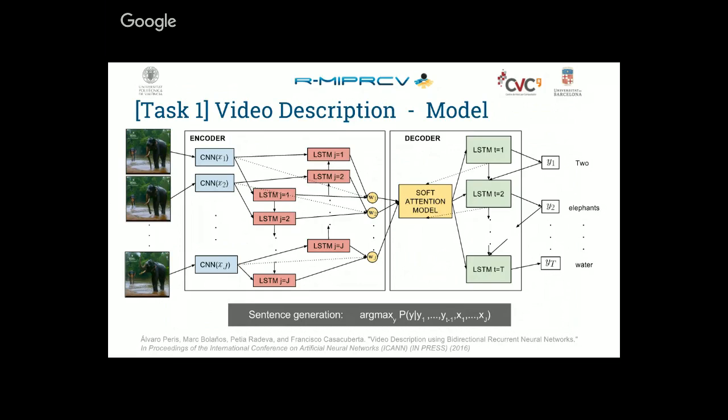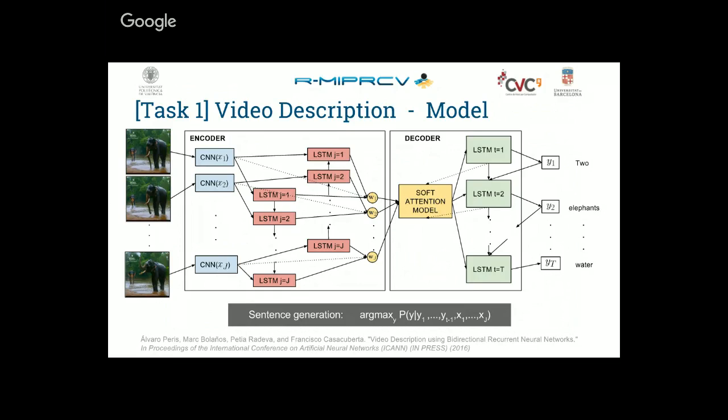Basically, this is two LSTMs: one of them processes the information in a forward direction and the other in a backward direction. So it complements information that comes from the past to the future, and the other one from the future to the past. Then this information is concatenated for each frame, and we used a soft attention model.